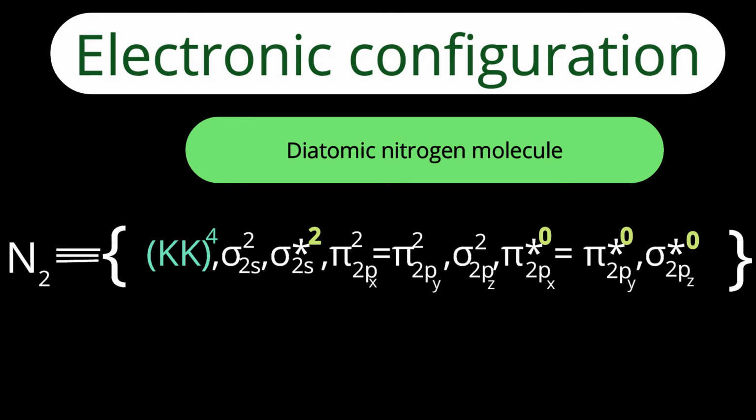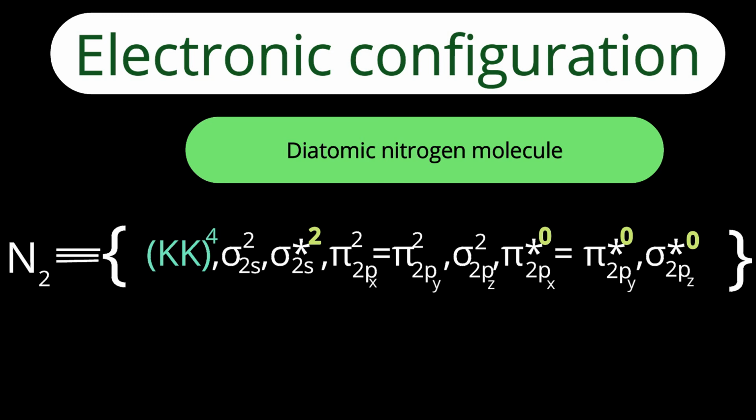Afterwards, pi 2px and pi 2py. These 2 different orbitals are there, but both have the same energy level, so I say those are degenerate. Each one has 2 electrons, meaning pi 2px squared is equal to pi 2py squared. Then the higher energy orbital, sigma 2pz, has 2 electrons. Further higher energy orbitals, pi star 2px and pi star 2py, are also degenerate.